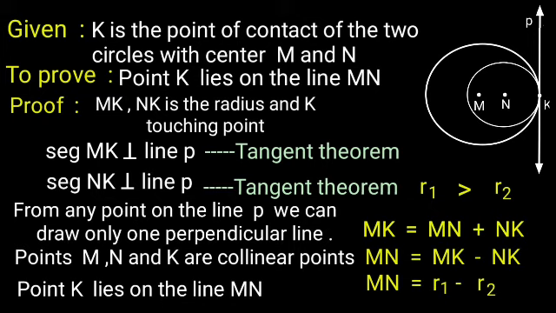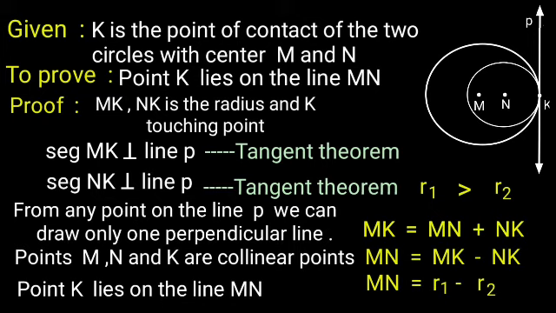Given: K is the point of contact of the two circles with centers M and N. To prove: point K lies on the line MN.